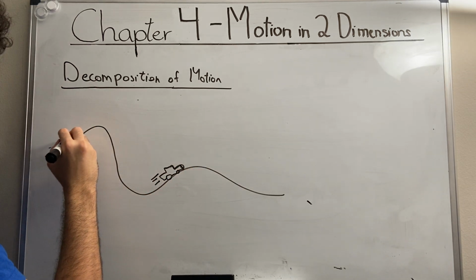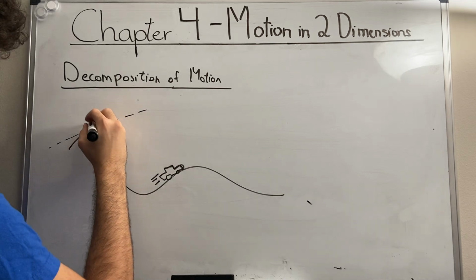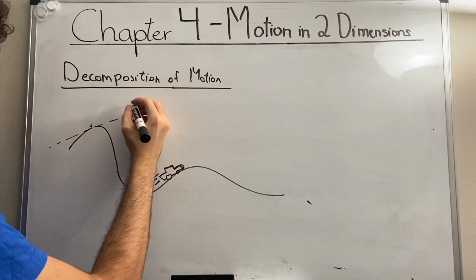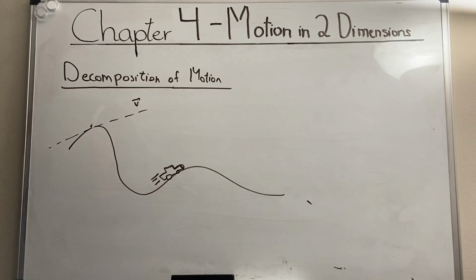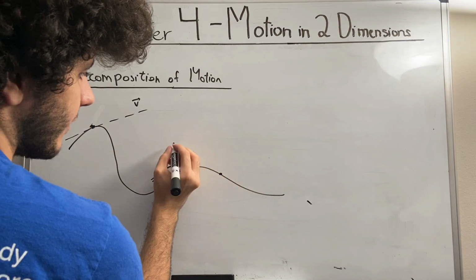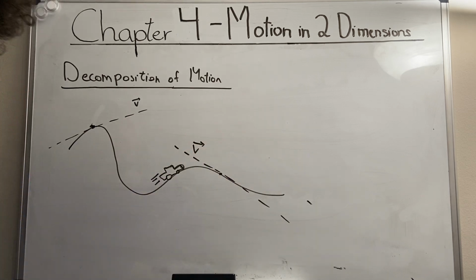At every given point, the instantaneous velocity is always going to be tangent to the path of the object. So this is the instantaneous velocity at this point, exactly, and the same over here, we're going to have something like this. And that's pretty much it.